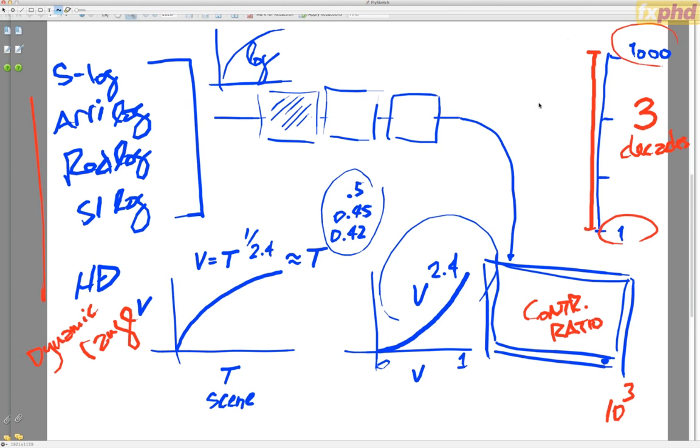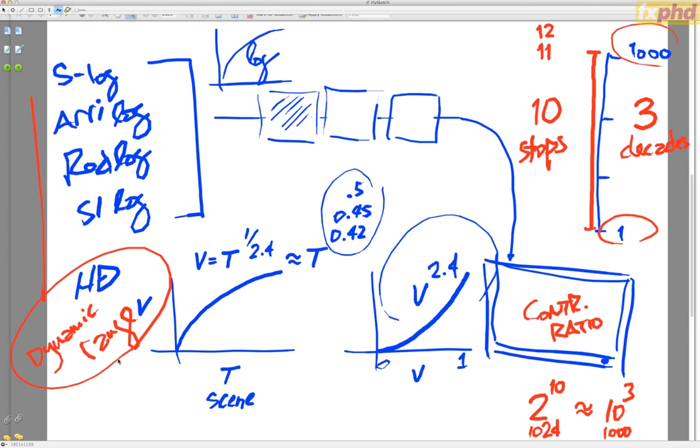But the photographers would prefer to refer to that as 10 stops, where a stop is a factor of 2, in other words, 2 to the 10th. And those are very nearly equal. 2 to the 10th is actually 1,024 instead of 1,000, but they're so equal that it doesn't really make much difference. Now, there are cameras which claim more than 10 stops, like 11 or 12 or maybe even 13. So you can also call that dynamic range.